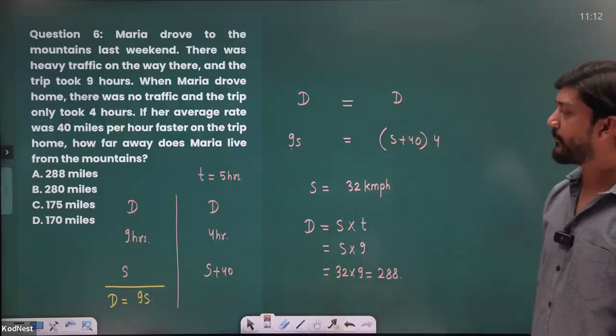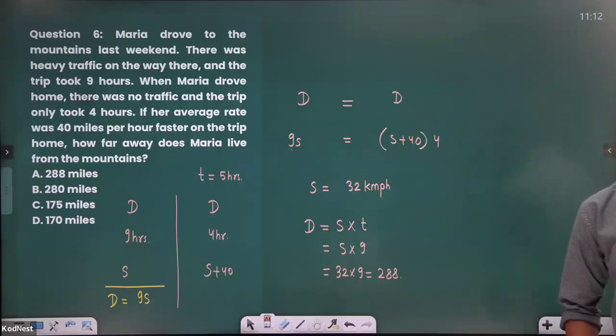Observe please. Distance in case number 1. Divyashri, see the first column. Distance is d, time is 9, speed is s.